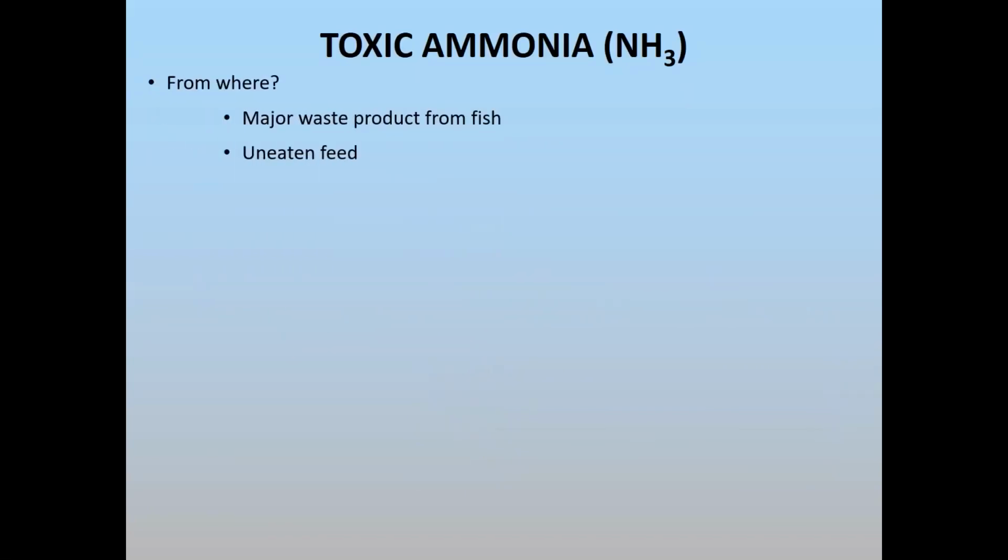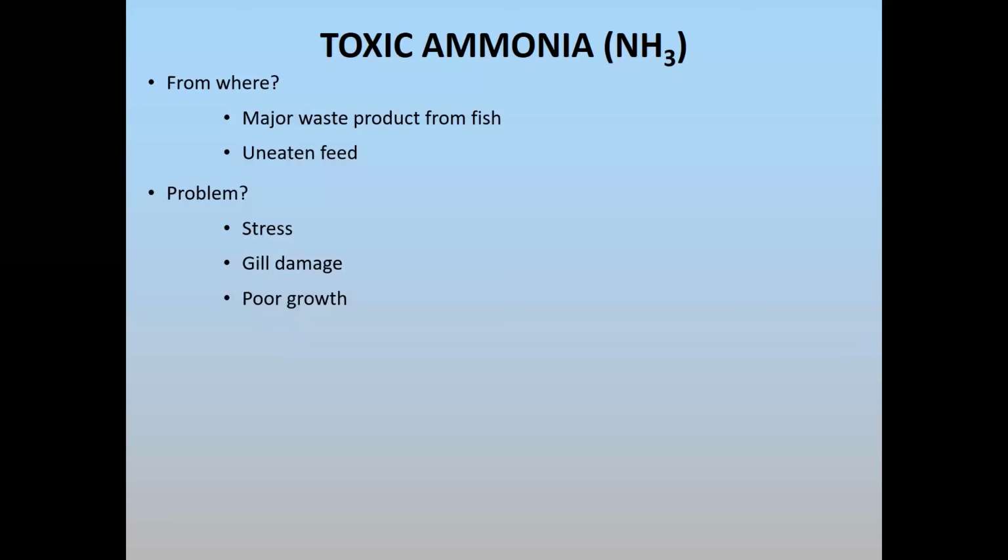So there is this toxic ammonia, and again, I already mentioned where it comes from, typically from fish due to feed. If you overfeed and you've got floating pellets floating there, it is adding nitrogen and organic matter to the pond unnecessarily. What does it do to fish? Well, it can actually damage the gills, and if the gills aren't working, they're not able to take in oxygen as well.